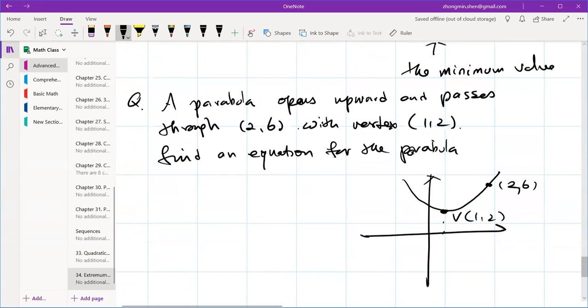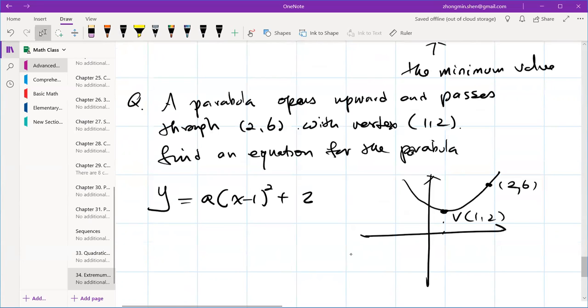So first of all, this is the graph of the function. Now, for a quadratic function, based on the information you get, you already know this is going to be (x minus 1) squared plus 2. That gives you the data you need already, except for the leading coefficient.